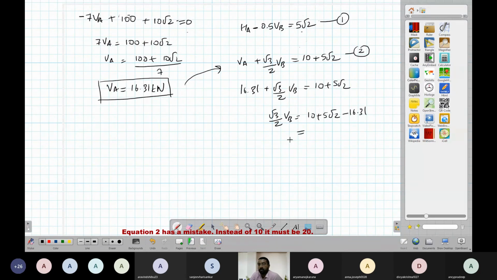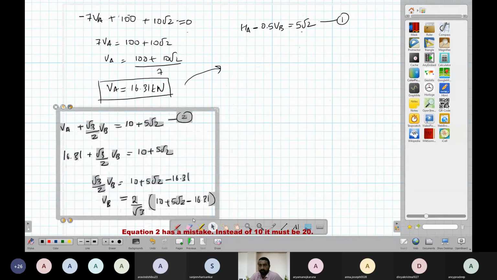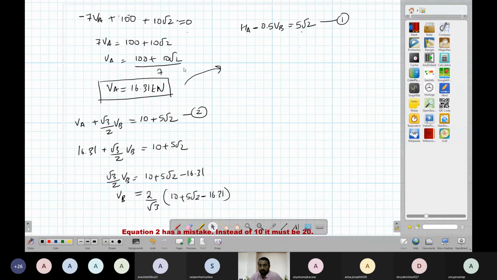So VB equal to 2 by root 3 times 10 plus 5 root 2 minus 16.31. How much is the value?